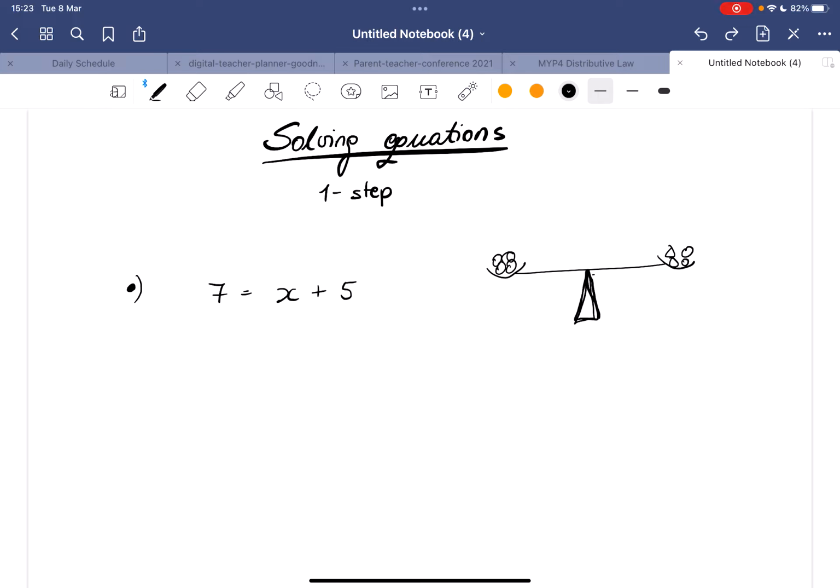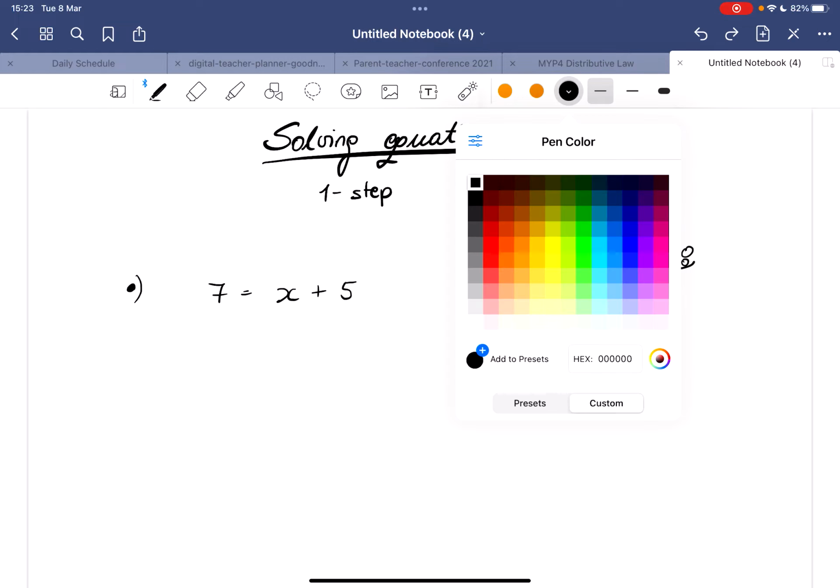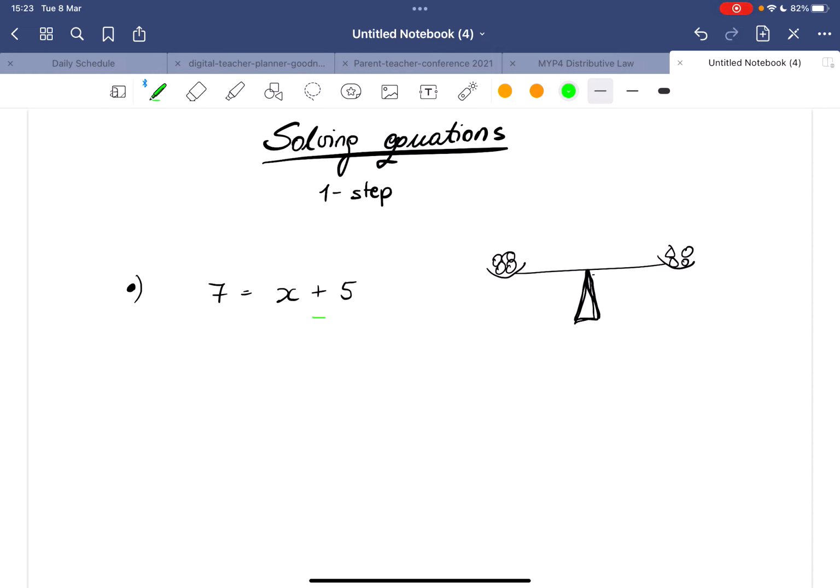So I'm going to write this with a different color. I want to take away 5. I want to take this away. Now, as I said before, we need to keep that scale in equilibrium. So what I do to the right-hand side, I also need to do to the left-hand side. Okay?